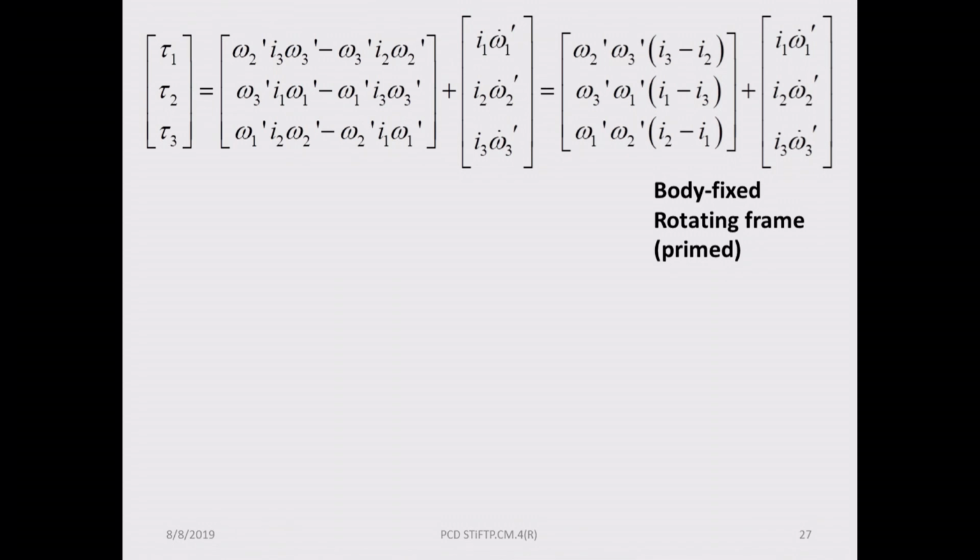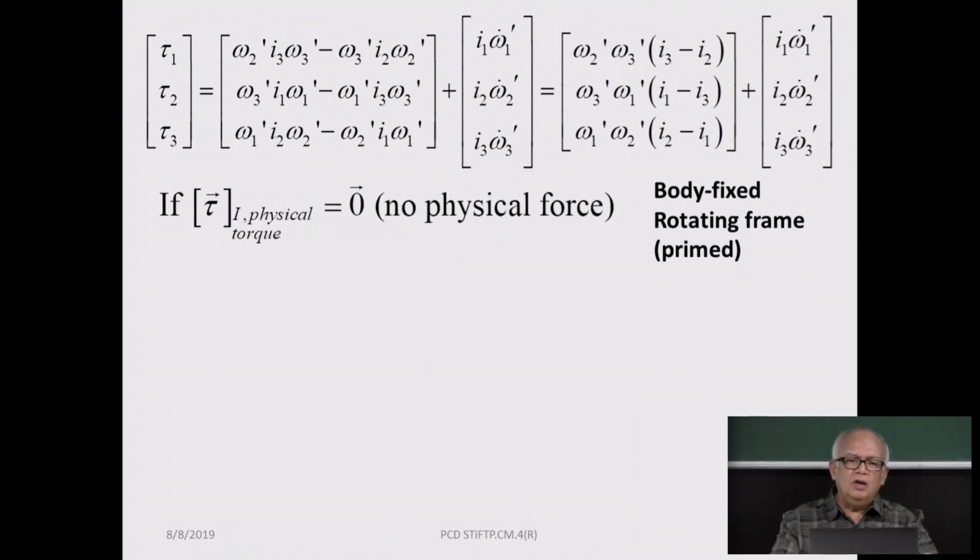So now we consider a simple case in which there is really no torque acting on the body. So the left hand side is 0, the right hand side better be 0, but the right hand side is a difference of two terms. So the first term must be the negative of the other, right?